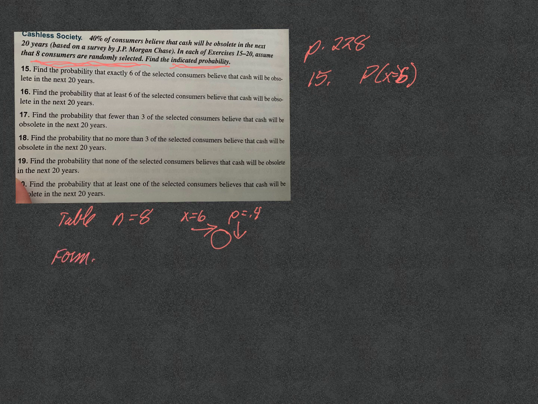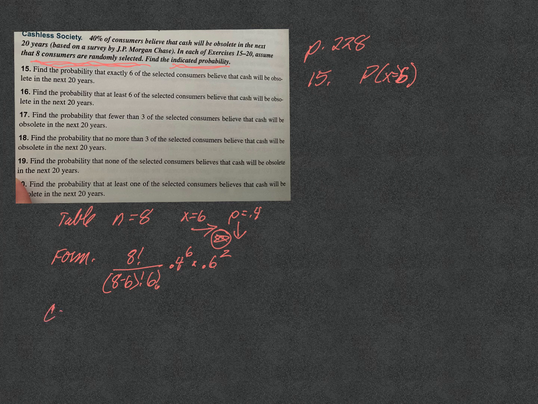The formula again was n factorial over 8 minus 6 factorial, 6 factorial, times the probability of success to the 6th power, times the probability of failure, which is now 0.6, to the 2nd power. That formula would give us the answer.